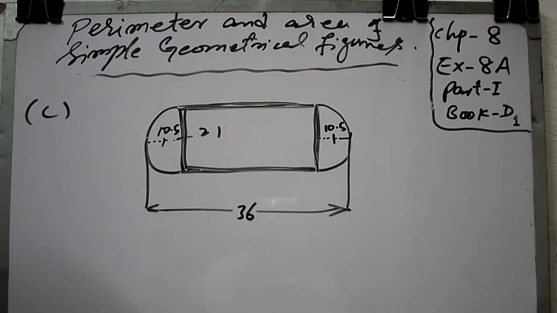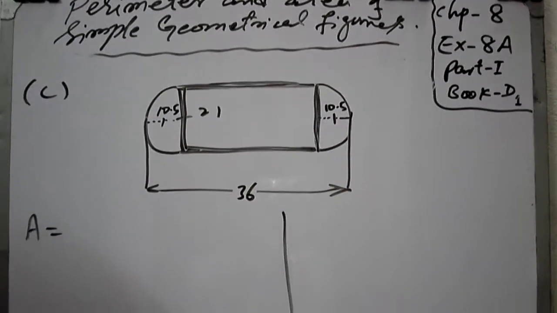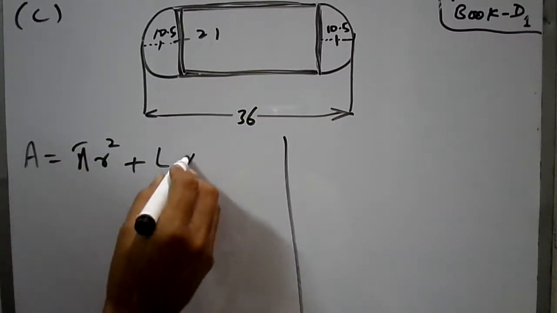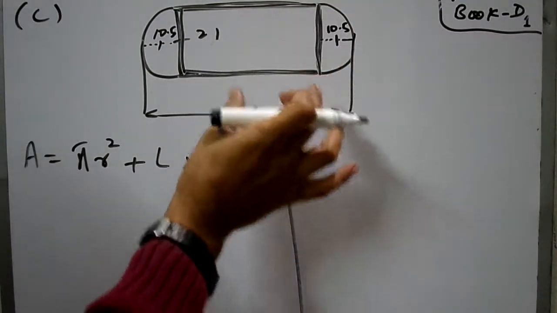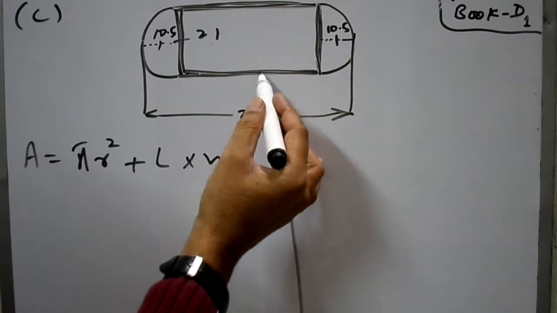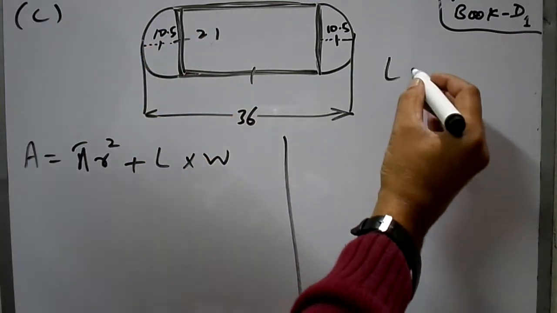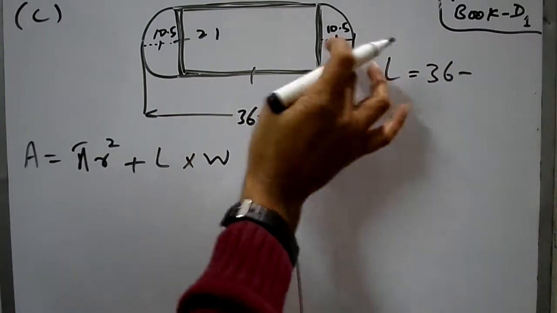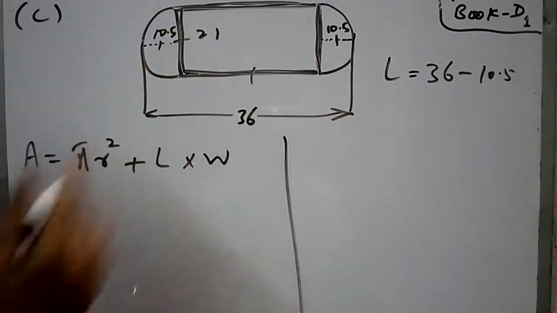So how can we find the area as well as perimeter? So area is equal to pi r square plus L cross W, length into width. Okay, so what is its length? We have to find this, because the width we have is 21, so length we can calculate as the total is 36, you have to minus 10.5, this area should be minus, and this area should be minus.